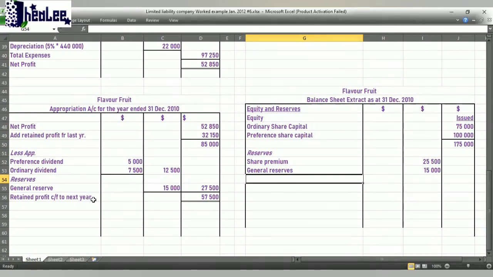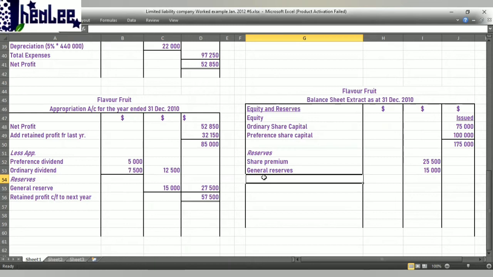And the final thing that we're going to record as our reserve, don't forget your unappropriated profit, also referred to as your retained earnings, also referred to as your retained income, also referred to as your profit and loss that is carried forward to next year.